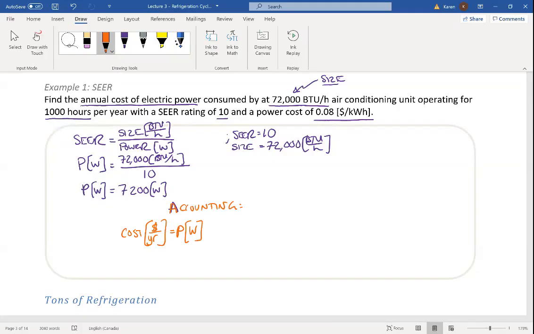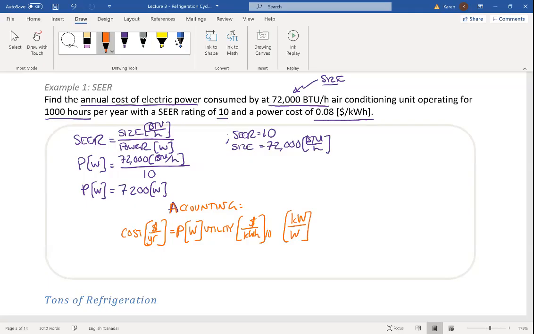And we also know the utility rate in dollars per kilowatt hour, but we want watts, so we need to get rid of our kilowatts.